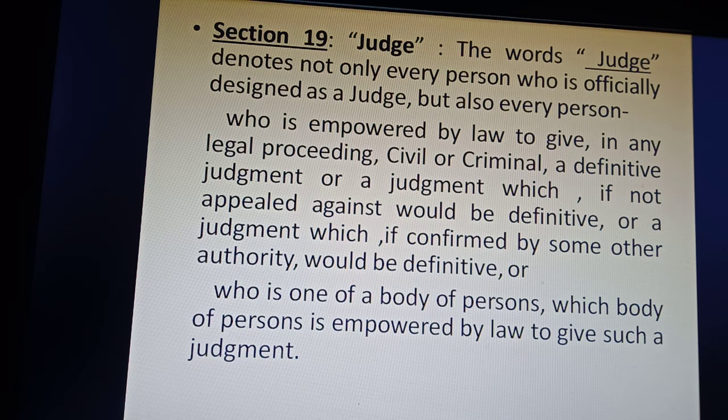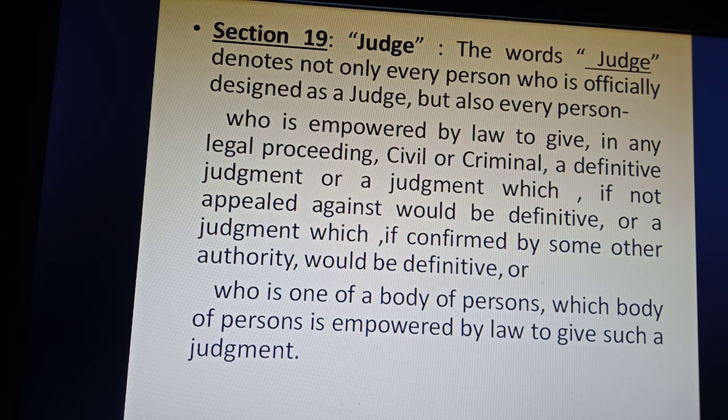Definitive judgment means final judgment, which will be binding on the parties to the case, or a judgment which, if not appealed against, would be definitive, or a judgment which, if confirmed by some other authority, would be definitive. Okay, this is one part of section number 19.